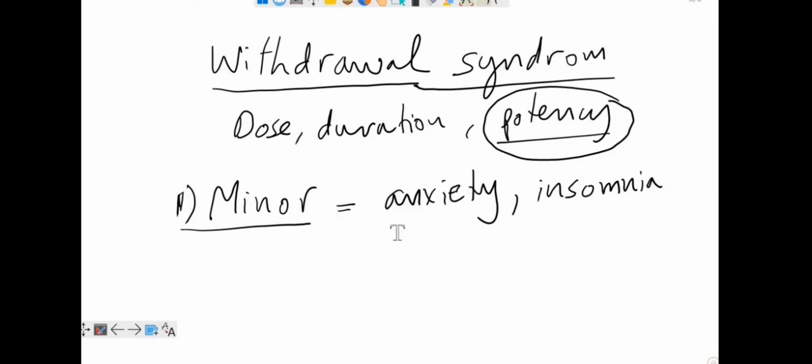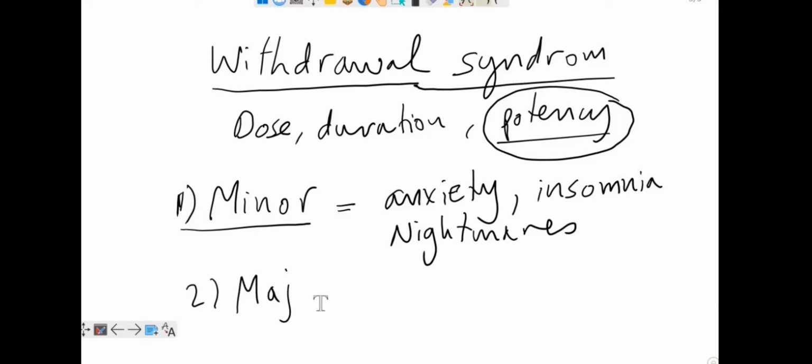Anxiety, insomnia, and he might suffer from severe nightmares. Of course, this will make the person go back to the benzodiazepines, and he will increase the dose if he's not getting the same effect. By increasing the dose for a long period of time, he might get major withdrawal symptoms if he stops taking the drug.